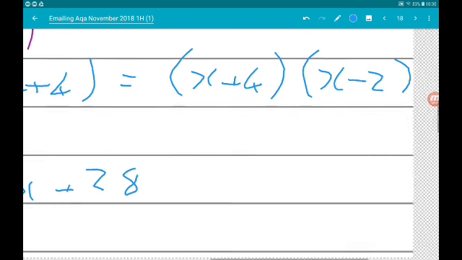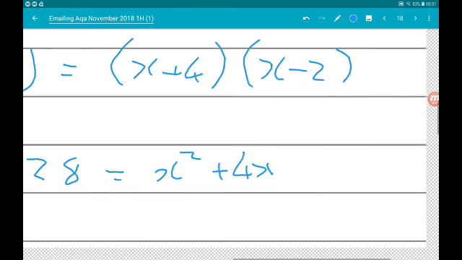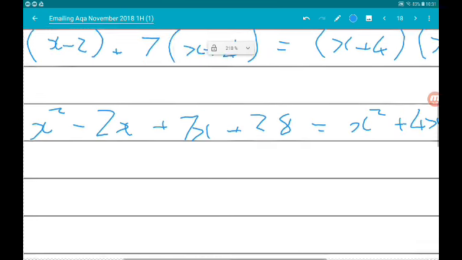And on the right, we're going to get x squared, add 4x, minus 2x, minus 8. Okay, now let's simplify that.